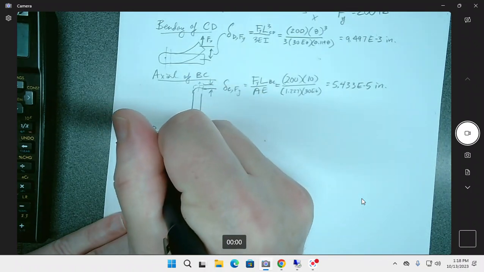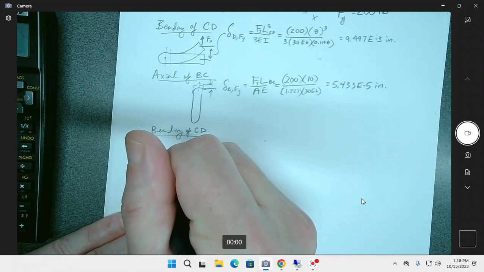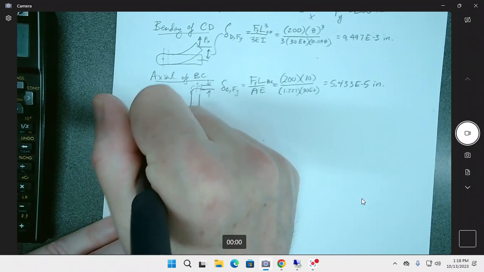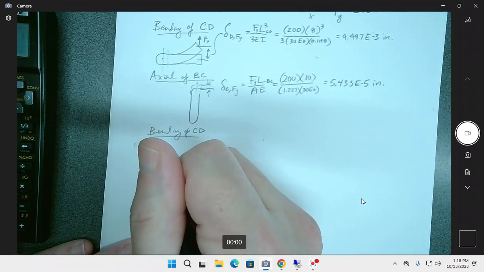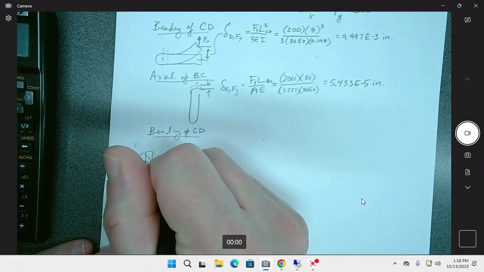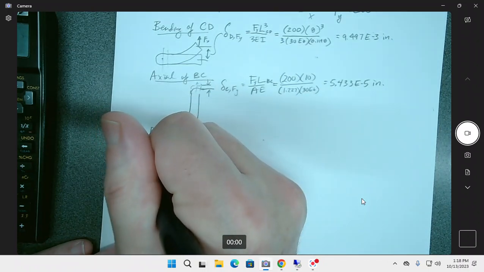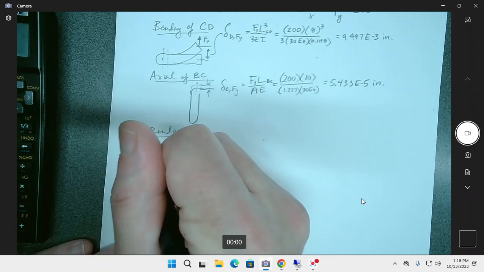That's going to create a moment, M, which is going to create, it's hard to draw this and get all the information I want onto here. It's going to move up like this right here. And that's because of this moment.